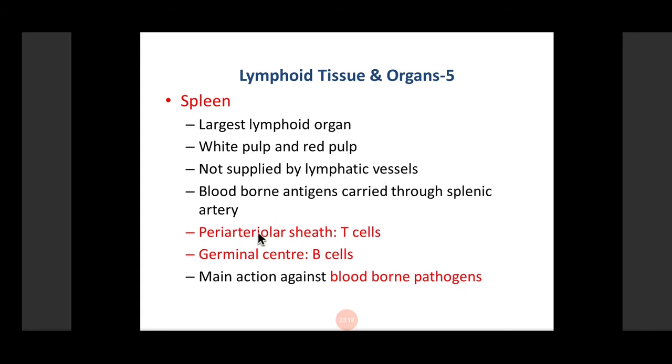In the white pulp, you've got a splenic arteriole, and around the arteriole you have a periarteriolar sheath, which is the area rich in T cells. Around it is the germinal center, which is rich in B lymphocytes. The main purpose of the spleen is to fight against blood-borne pathogens, as opposed to lymph nodes.